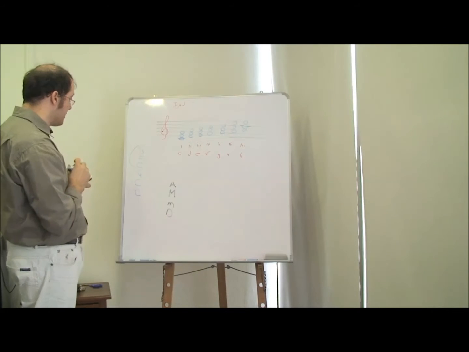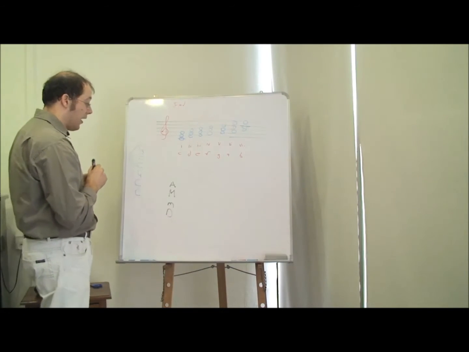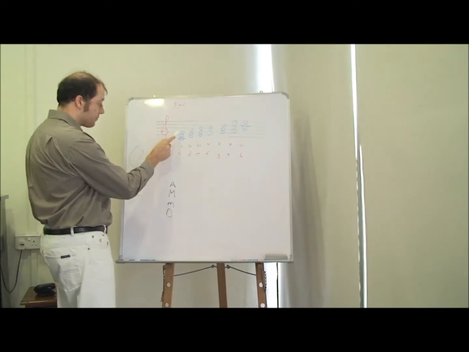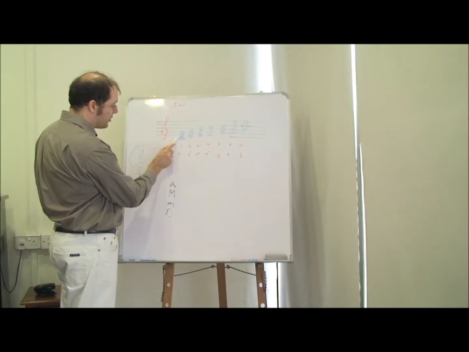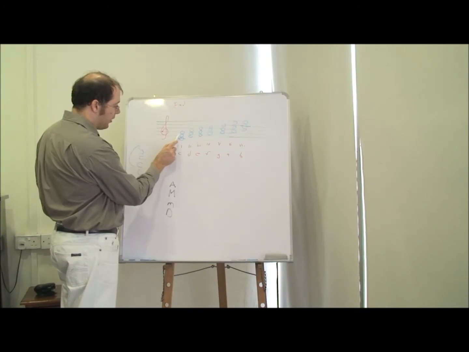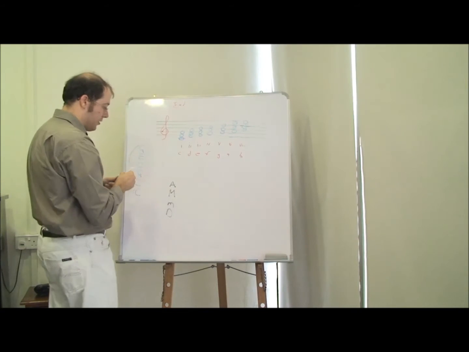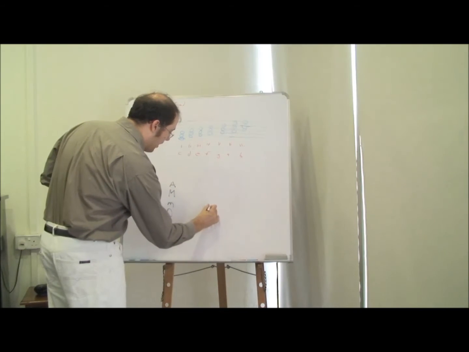Let's discuss how these are constructed, starting with the first one. We have a C and an E. Because in C major you would have an E, that's a major third.